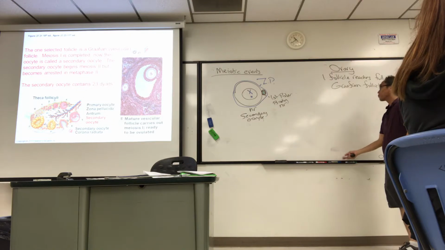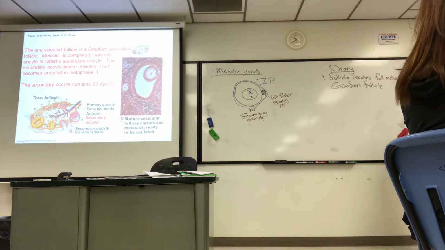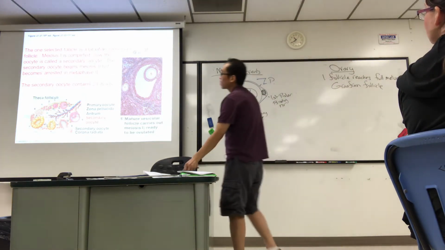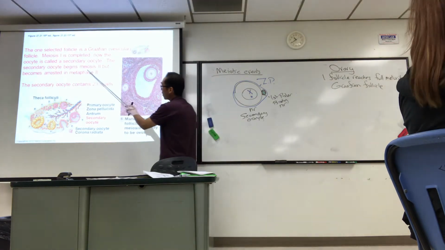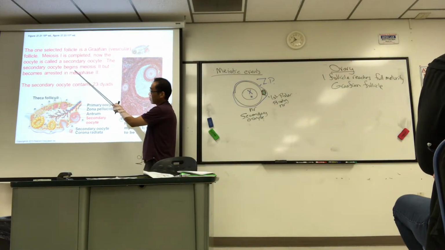And we enter meiosis 2 when you get to basically the Graafian follicle stage. But you kind of stop. Let me read what I have on the slide. Meiosis 1 completed. Now the oocyte is a secondary oocyte. The secondary oocyte begins meiosis 2, but arrests in metaphase 2.